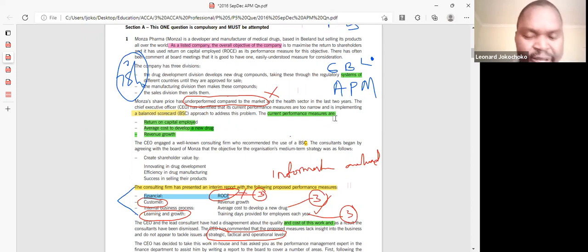Average cost and revenue growth also do not address the primary goal of a listed company. So in other words, I'm saying in overall terms, the three measures are not reliable. They are not good measures for this company.